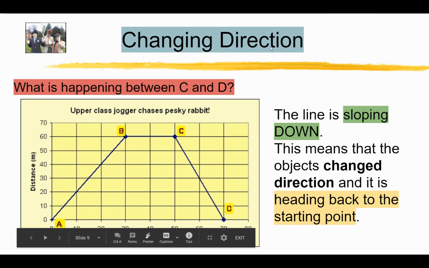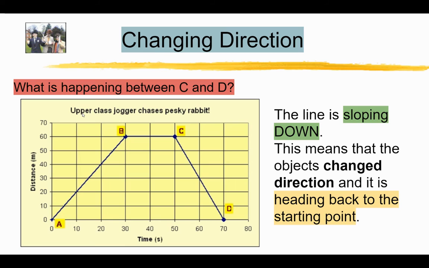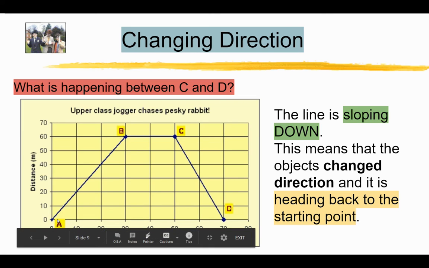This is called upper class jogger chases pesky rabbit. I don't know who named this graph. So you go outside and you see the rabbits in your cabbage. And here's where you chase it away. And then you stand there to make sure it's gone. And then you go back to the garden.